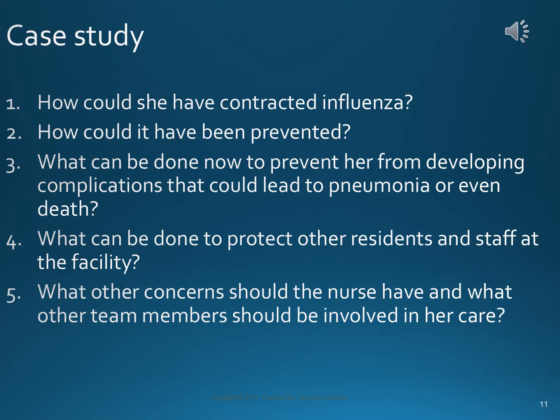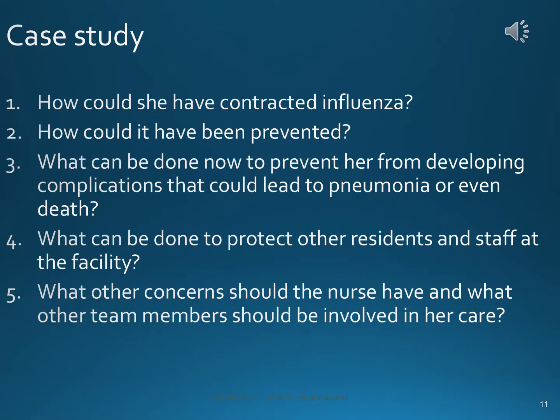Again, good nursing care is really important here. Providing rest, fluids, acetaminophen, comfort measures, aspiration precautions are really important, especially for someone this age. Also, monitoring for signs and symptoms of secondary infections like pneumonia.